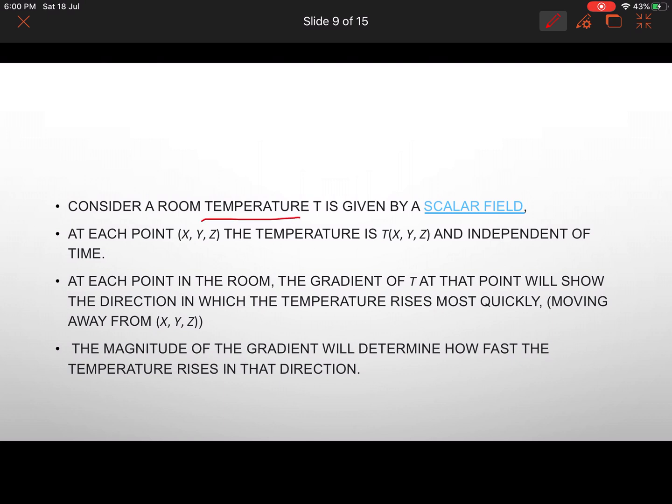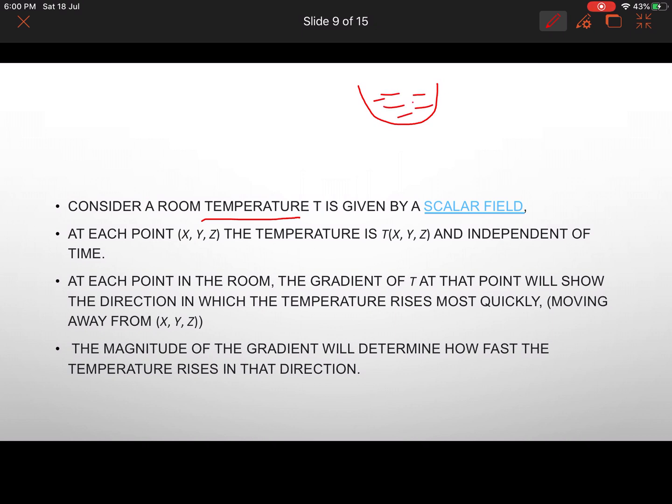That means temperature doesn't have direction, but in a particular direction temperature may increase. Got the point? How is it? Let me explain in this example.